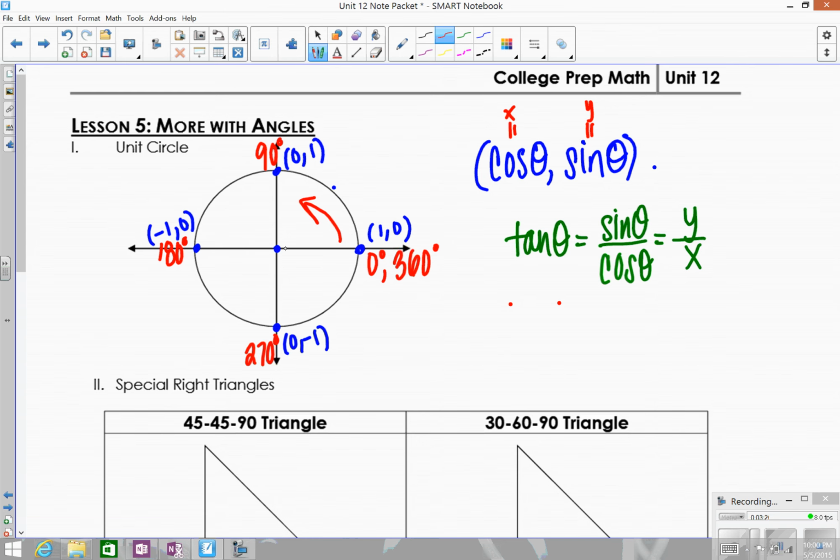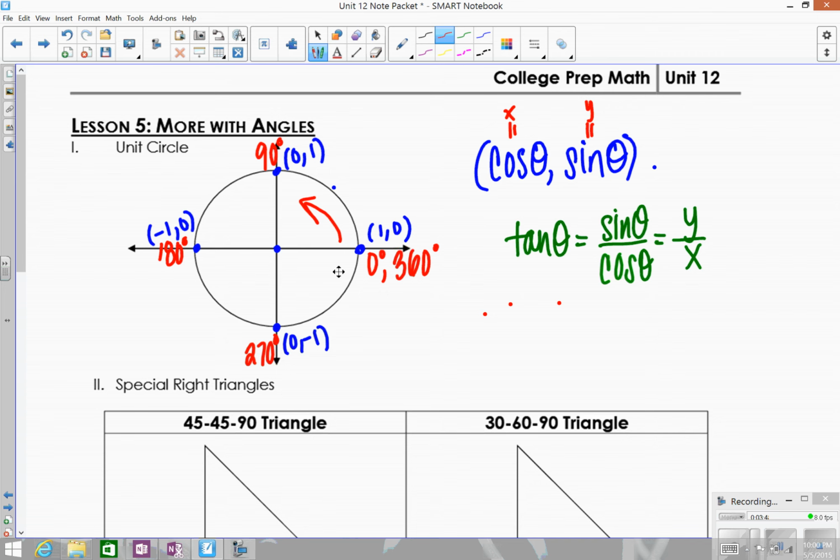Keep in mind, there are points if you fill them in. Like I could have a 30-degree marking, which would be over here. There's points for that, but for the unit circle, I like to just remember these as my basics, because these will give you your 4 points that come up often. And then I have other ways to remember, like the 30, the 60, the 45-degree angles.